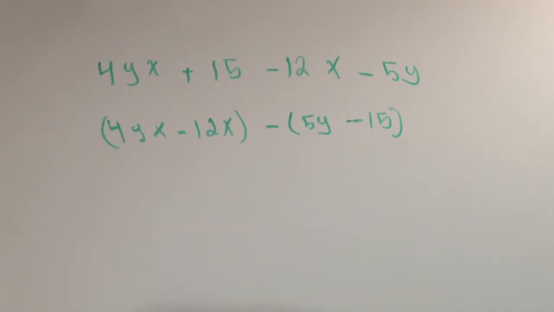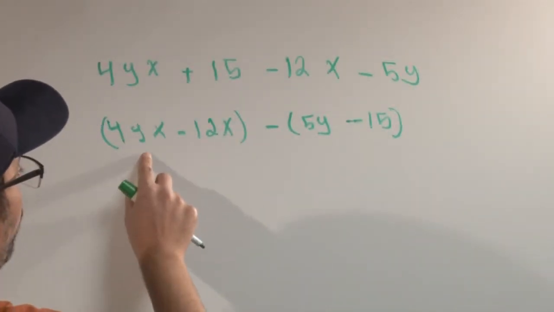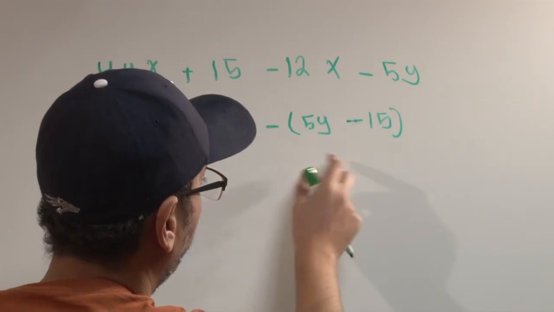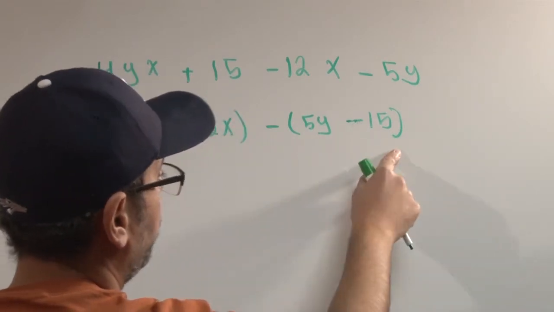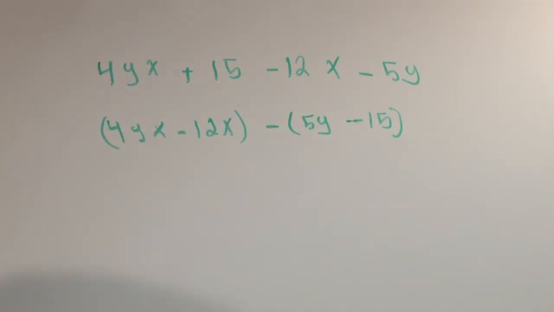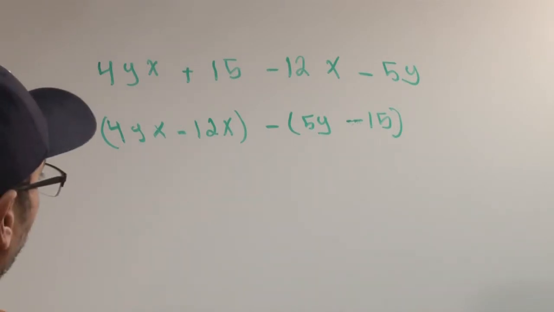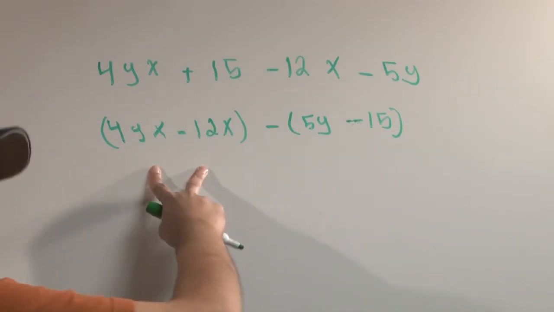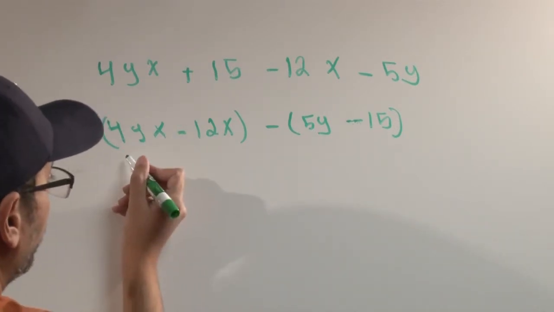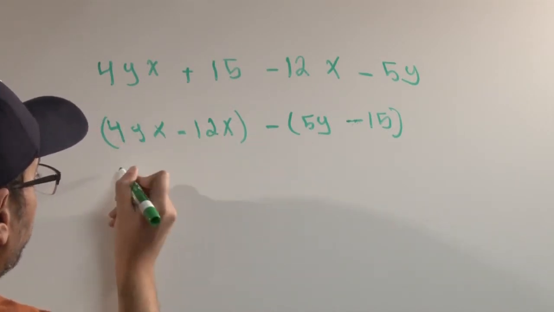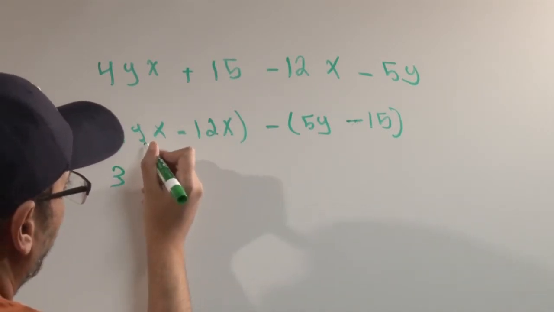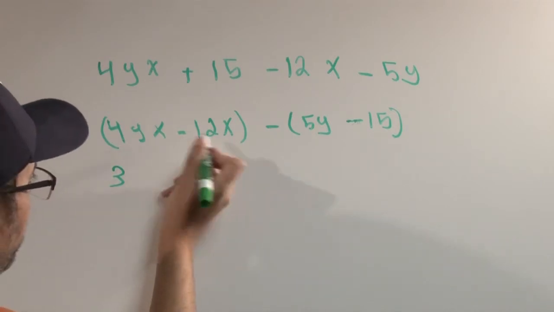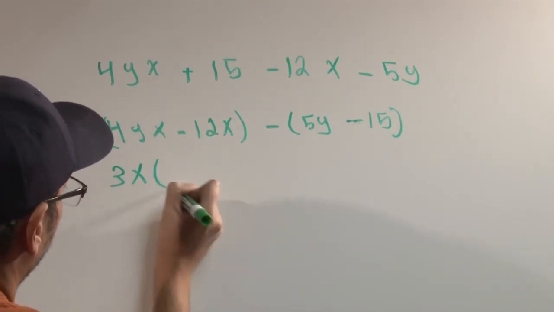Now, I have two groups, 4xy minus 12x, and another group, 5y minus 15, and there is minus in between. Okay? So, let's try to get the common factor of the first one. 4 and 12, the common factor is 4. Y, oh no, there is no y here. X, okay, there is x here.